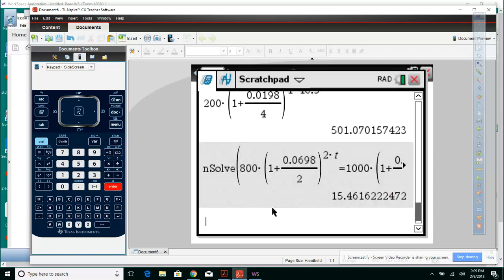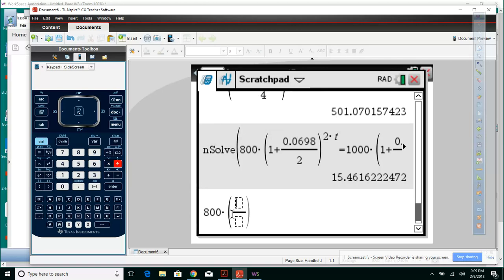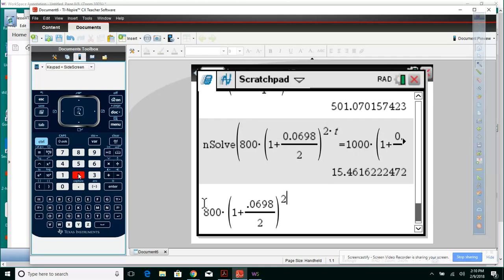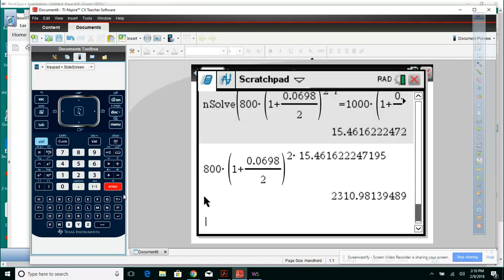So it's 15.46. So now let's just take one of those equations, and we've got either one, it doesn't matter. 800 times open parentheses 1 plus 0.0698 over 2, caret 2 times t, enter, and that gives us $2,310.98.